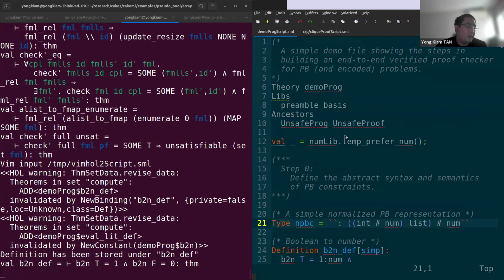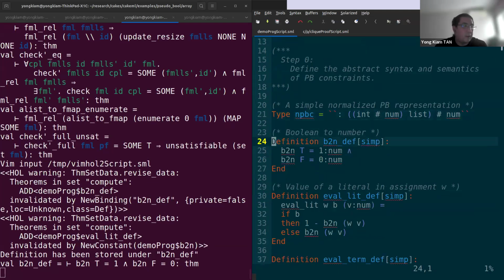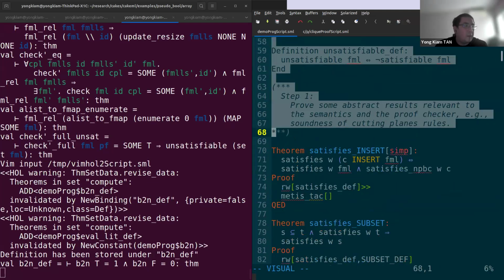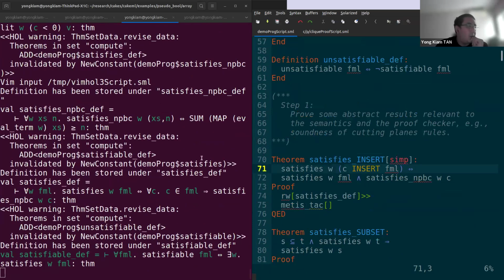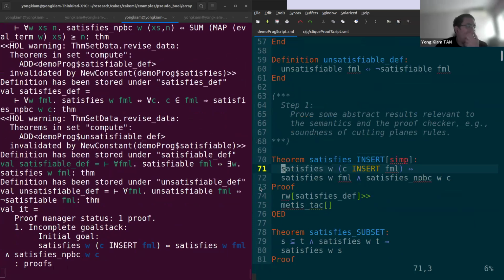Okay, and of course, the main use of these ITPs is that we'll be able to carry out proofs. So, for example, after processing some theorems, I could say that now I want to prove this theorem, which is a theorem about satisfiability.